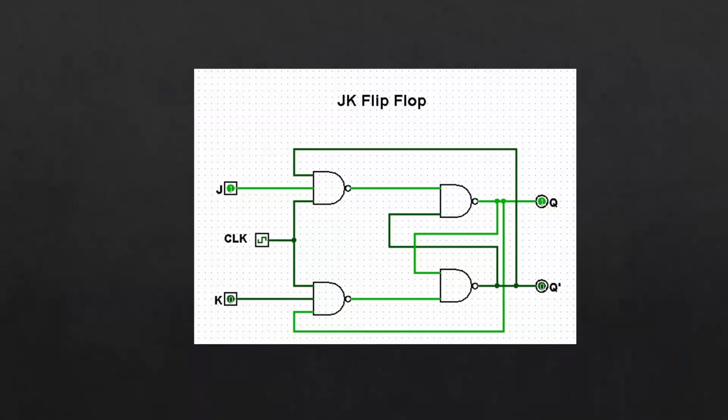To use that undefined state, we have another circuit. We are changing that indeterminate state of the SR flip-flop into a toggle. Now we will see the truth table for the JK flip-flop and how we get the toggle state also.